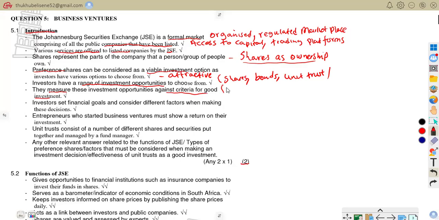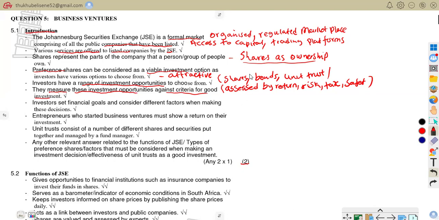Investments are assessed by their returns, the return on investment. Also the risk of investing, tax as well, safety, and etc. So that is why this point says they measure these investment opportunities against the criteria for good investment.